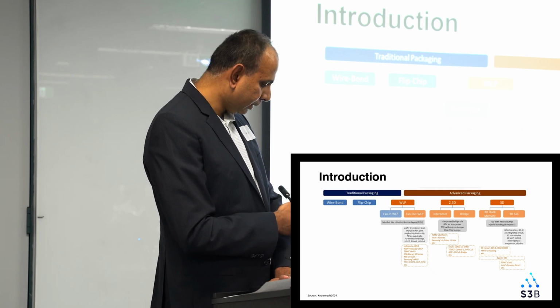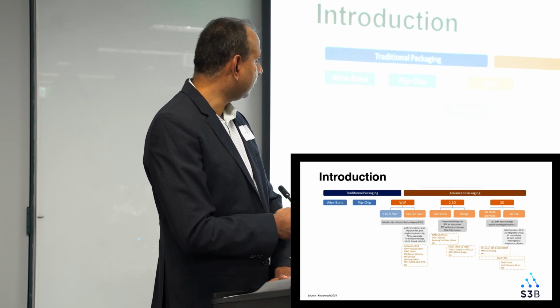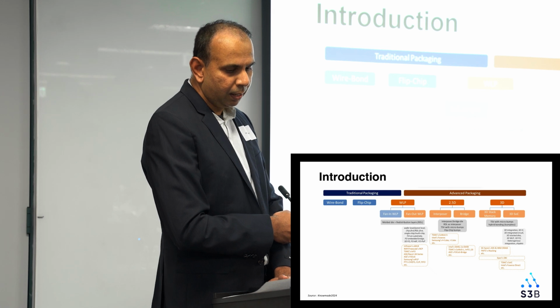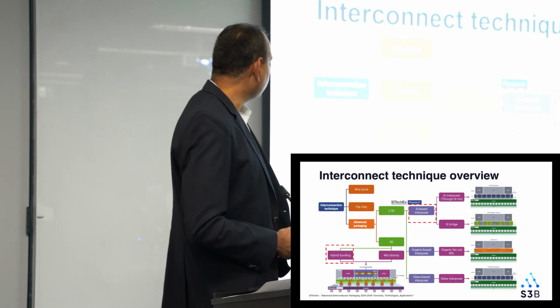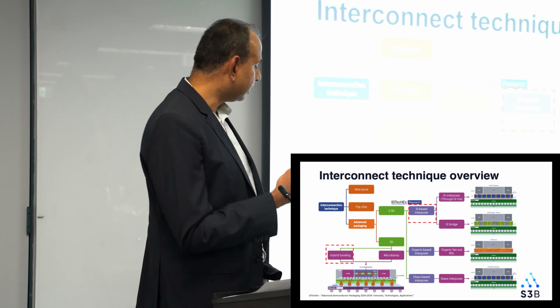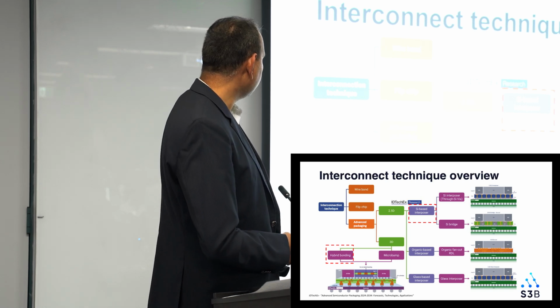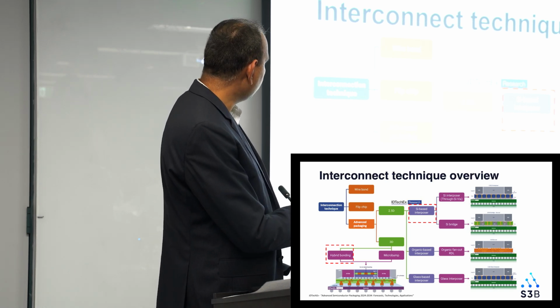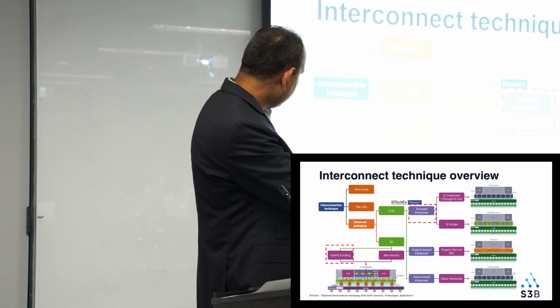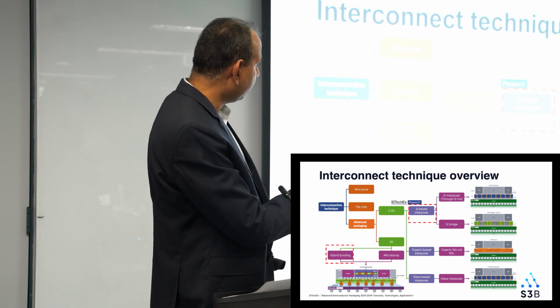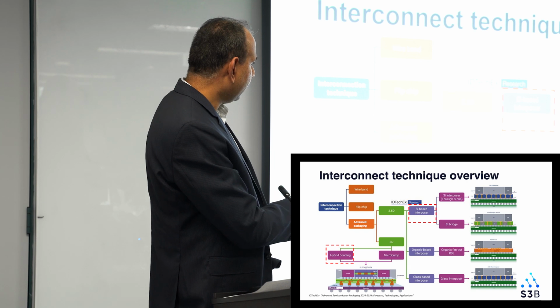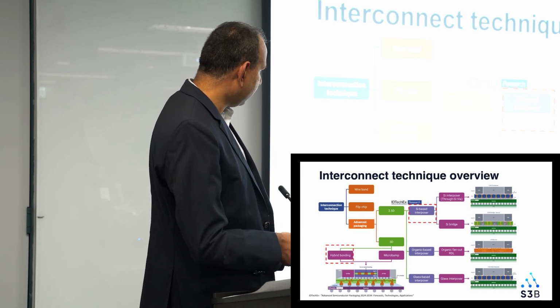One of the key things that drives advanced packaging, as I said earlier, is the interconnection distance between the chips. If you take a closer look at the interconnection technique for these different types of advanced packaging, for the 2.5D you could see the silicon interposer technology, the organic-based interposer, and the glass-based interposer.